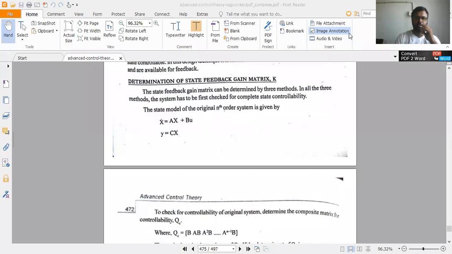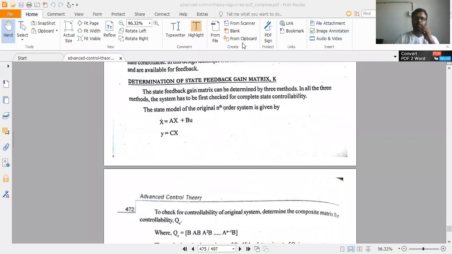In order to design a state feedback controller, the most important thing to note is that we have to determine the state feedback gain matrix.